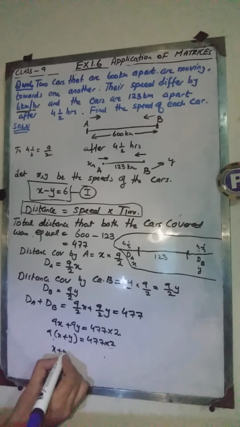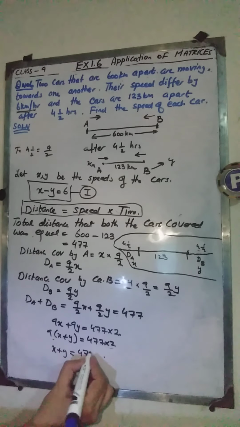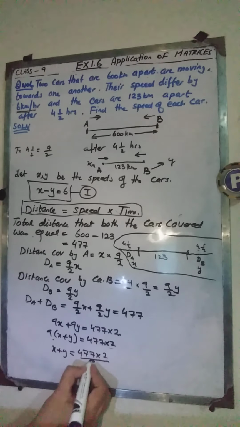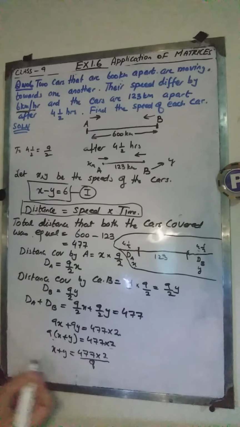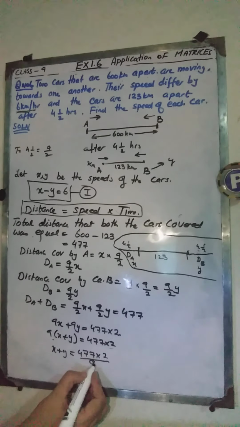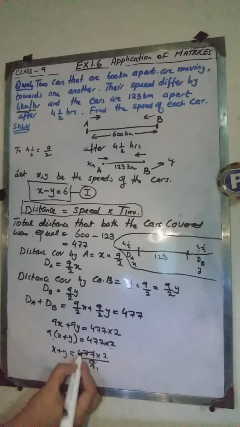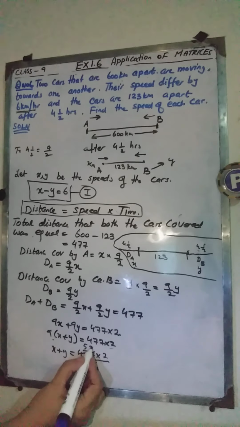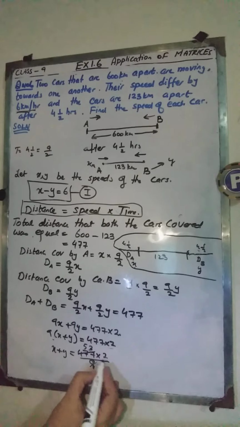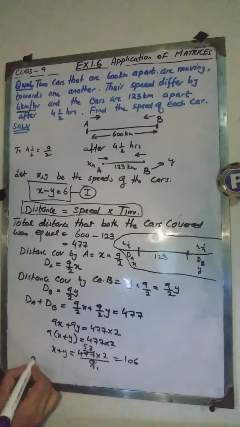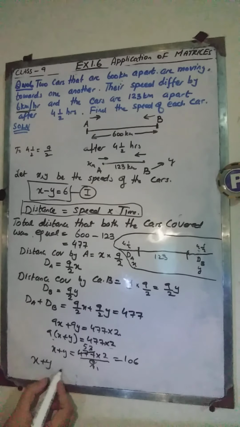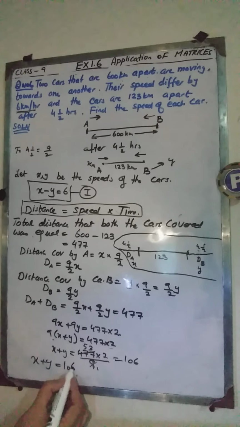So x plus y is equal to 477 into 2 by 9. Now you can cancel this by 9, 9 ones are 9, and 9 53s are 477, and 2 into 53 is equal to 106. So the second equation will be x plus y is equal to 106.